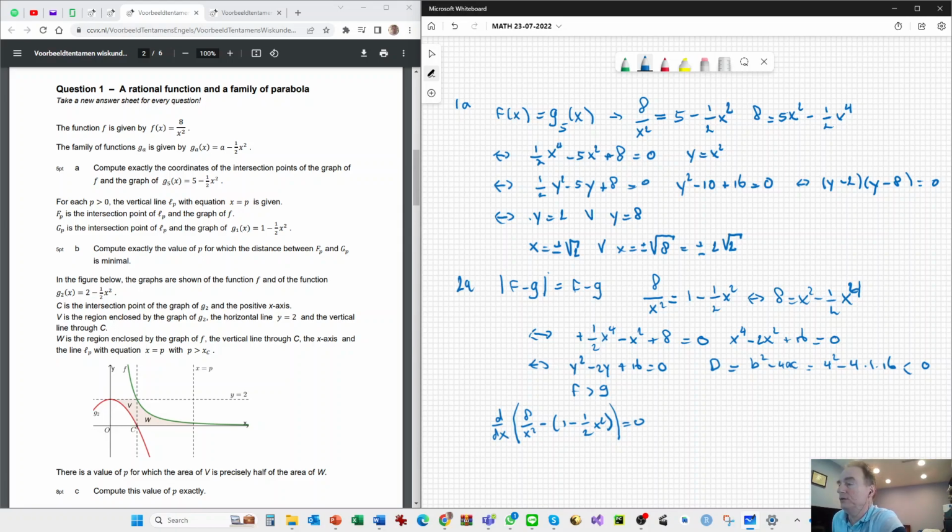So we get, this is x to the power minus 2, so you get minus 16 x to the power minus 3. The derivative of 1 is 0, and you get 1/2 x squared, which has a derivative of x. So you get, with a sign here, a plus x. So it means this is 0.